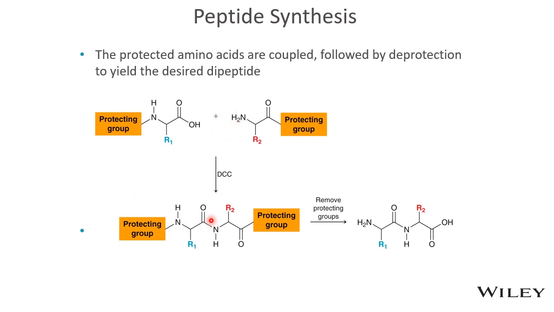After they've reacted with each other to form the amide bond, which is here, we've coupled our 2 amino acids together and formed our dipeptide. At this point, we can use reactions to remove the protecting groups to get our desired dipeptide.